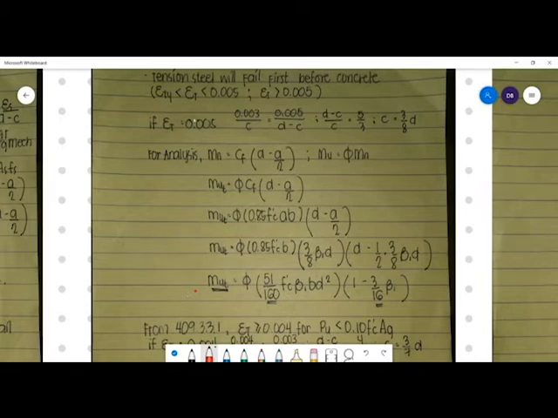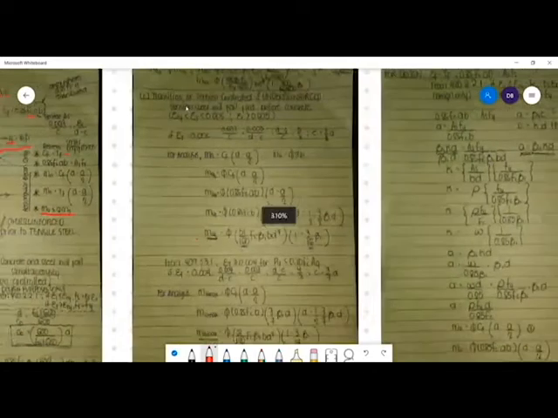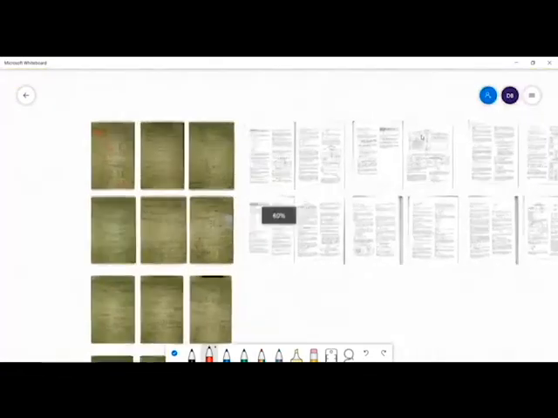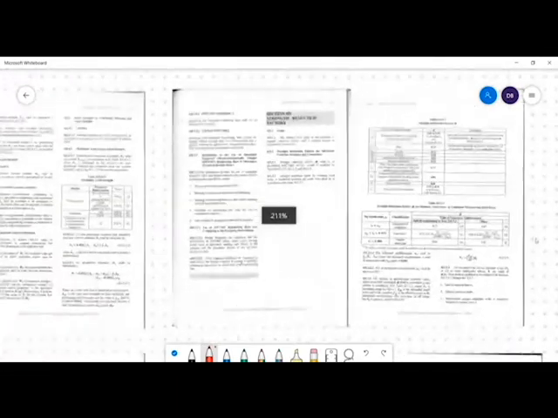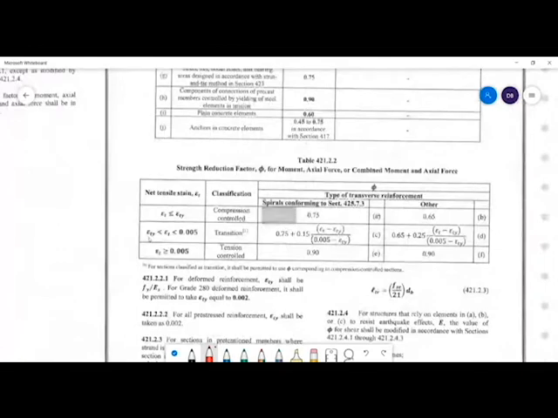So saan ko nakuha pala itong tension controlled? Let's look again at the codes. Ito yung sinasabi ng code natin, looking at section 421. So that is compression controlled, the bad design, na over reinforced. Transition and tension control are somewhat both good design, but until a certain degree only.